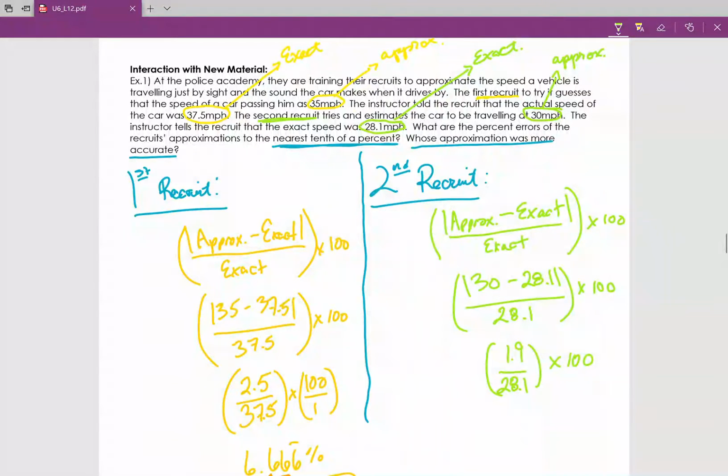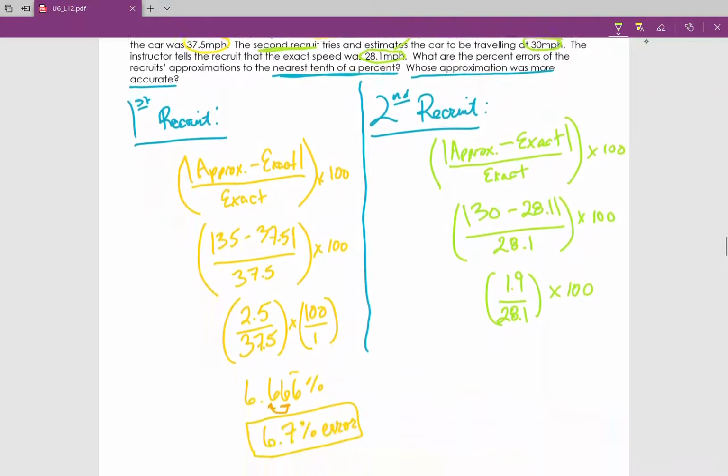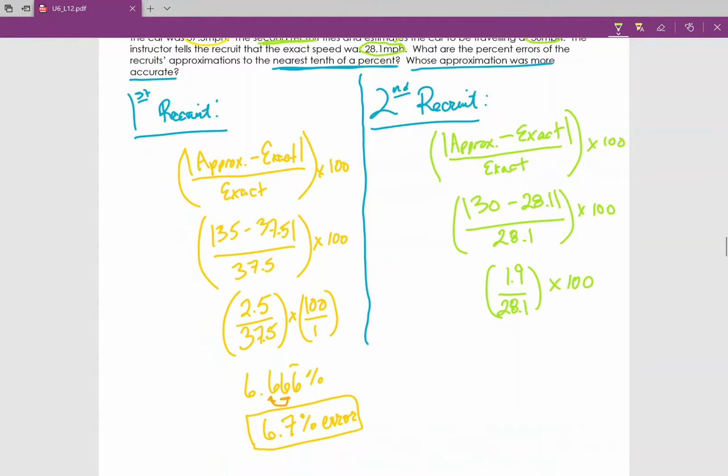When you punch that into your calculator, you're going to get a pretty big decimal, but it is not repeating. So we have 6.7615. I like to write a few extra decimal places so I can see it properly. And now it says round to the nearest tenth of a percent again. So I'm going to look at the hundredths and let it affect my tenth spot, which would be 6.8% error.